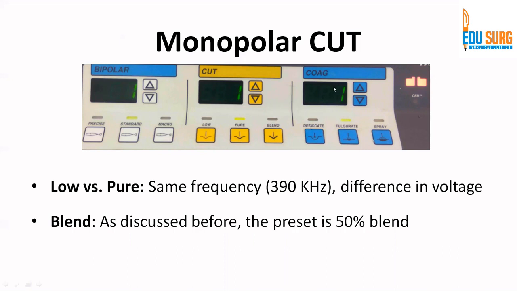Now, before going to the COAG setting, you will see some new terms, that is desiccate, fulgurate, and spray, right? These terms we have not discussed. So just for technical sake, let us see what these terms mean. Commonly in the COAG setting, we use fulgurate or spray.